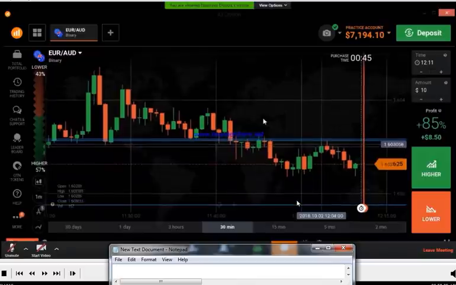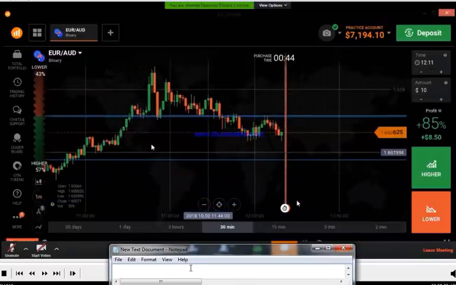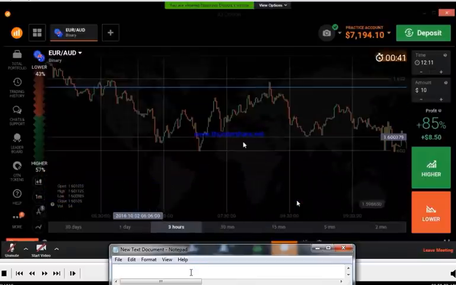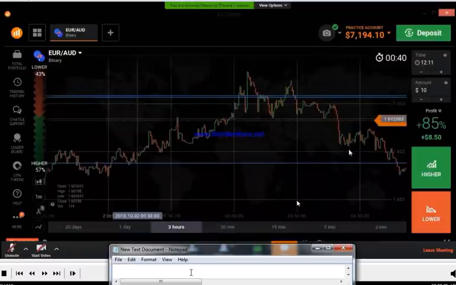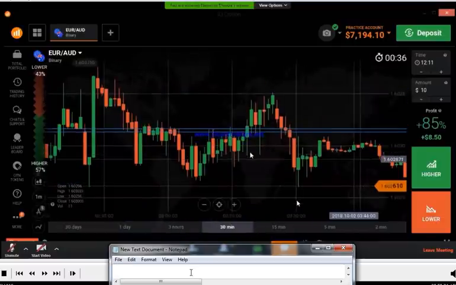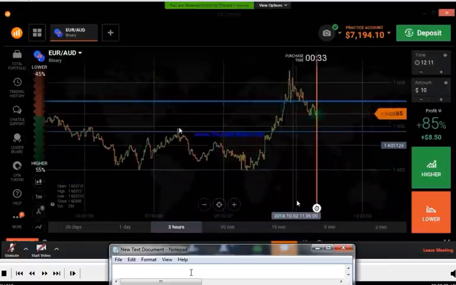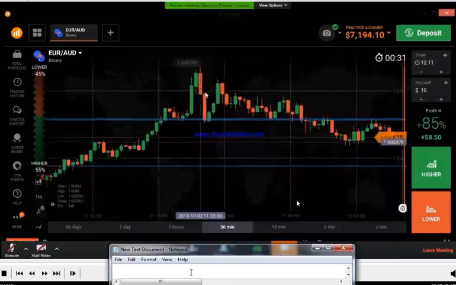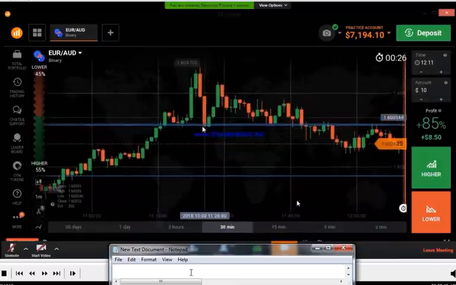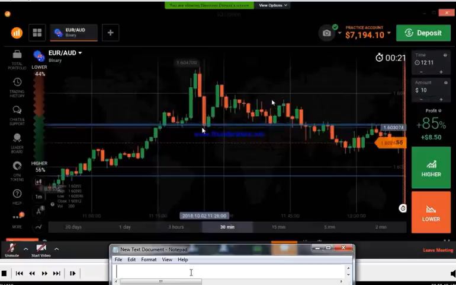I think for the first time it didn't break. You can trade for the first time, but for the second time you can't trade because it may break this level. You can trade here, you can't trade here because this is a strong candle. It may break this level. You can't trade here because it tried two times to break this level.